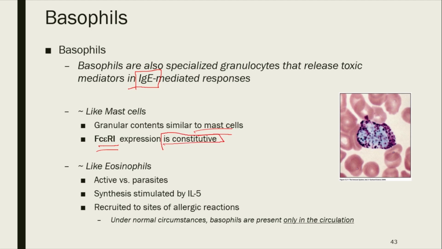On the other hand, they also have some resemblance to eosinophils. They are active against parasites, their synthesis is stimulated by IL-5, and they are also recruited to allergic reaction sites. So under normal circumstances, basophils are present only in circulation.